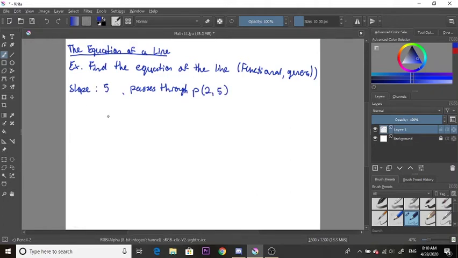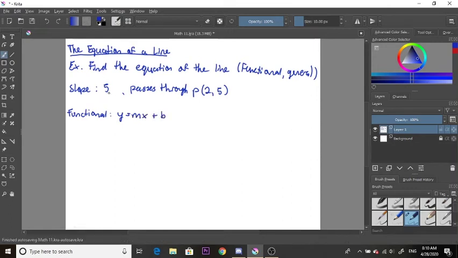So if we look at this, because our slope is a whole number, it's probably easier to use the functional form. So whenever you have a fraction, finding the general form first would be easiest. When you have a whole number, finding your functional form will be the easiest. So we're going to do functional form first. Functional is equal to y is equal to mx plus b.